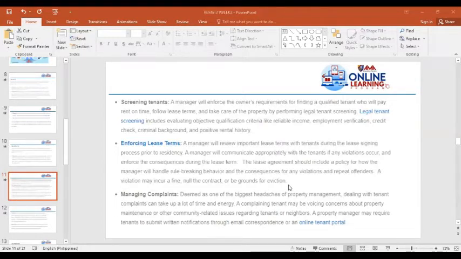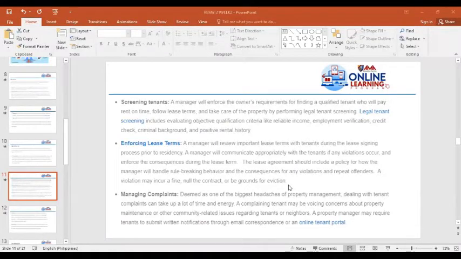So, hindi natin yan maiwasan na merong mga tenants na talagang they are not satisfied with the maintenance of the property. So, kung ako isa sa mga tenants, I am paying for the maintenance fee of the property.